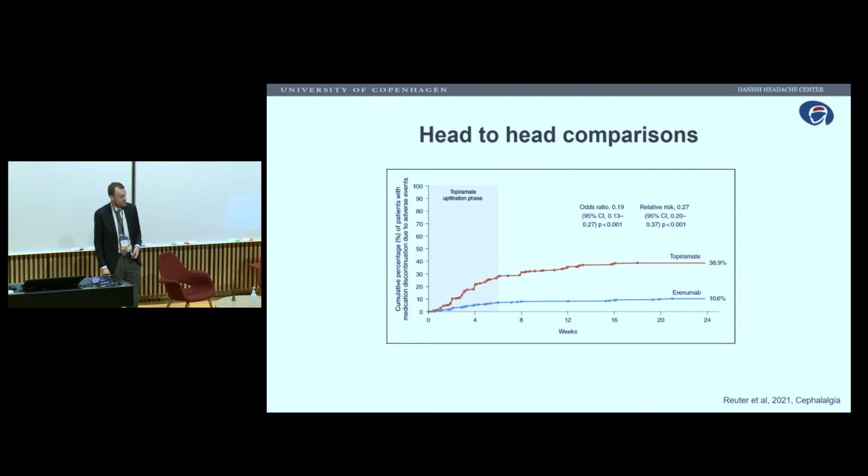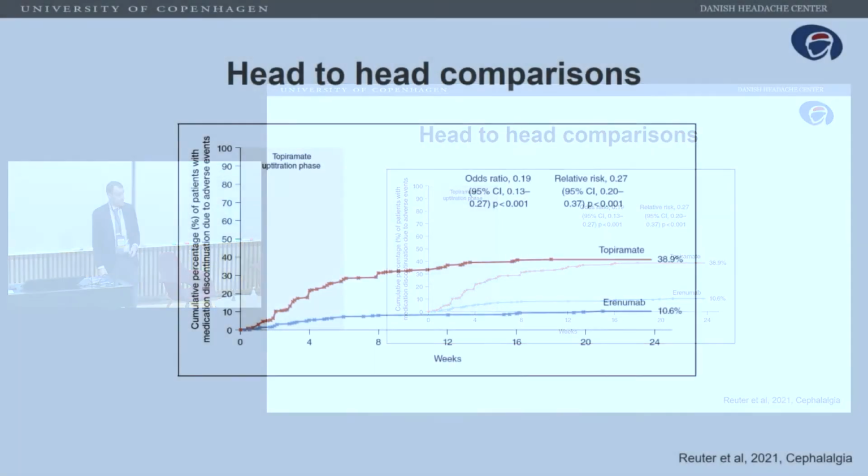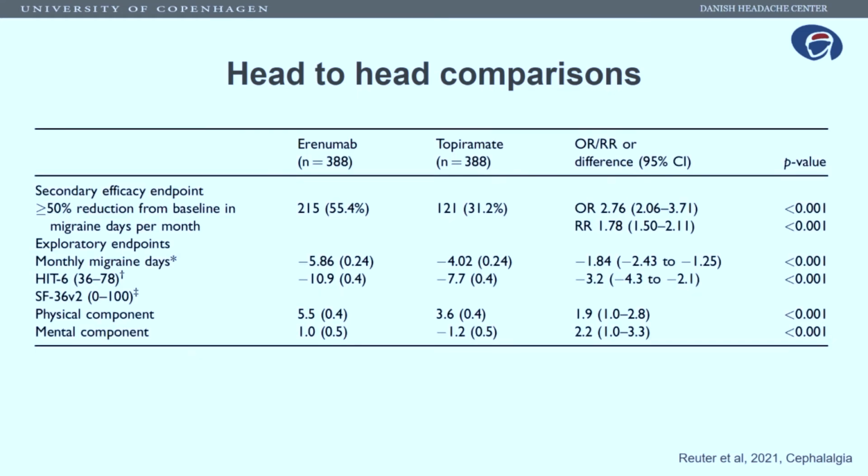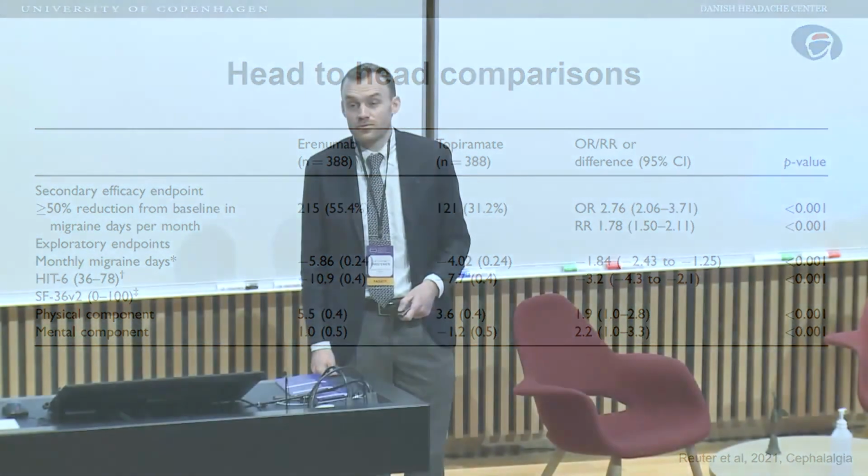So you see that in 24 weeks, almost 40% of the topiramate treated patients dropped out of this because of adverse events, whereas for erenumab it was 10%. And from the same study, erenumab was actually better at treating the migraine than topiramate as well. So it's both more efficacious and it's better tolerated than topiramate.